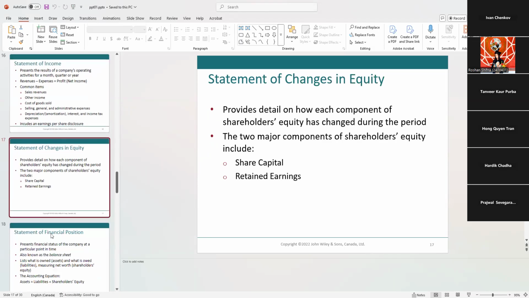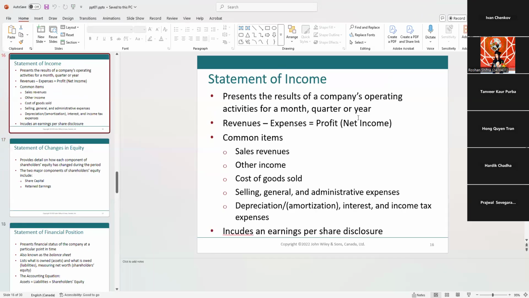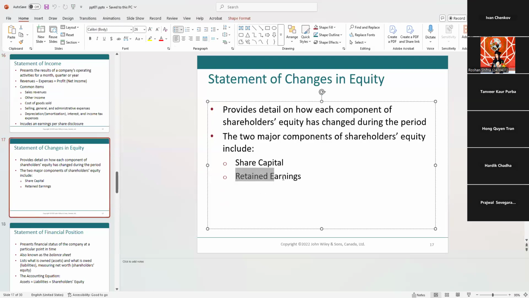From the statement of changes of equity, we're gonna see how much capital the shareholders contributed in the company and how much the company generated through the years as income. So every time there's a net income, that net income is gonna go to retained earnings and is gonna be accumulated there until the shareholders decide to get a dividend.